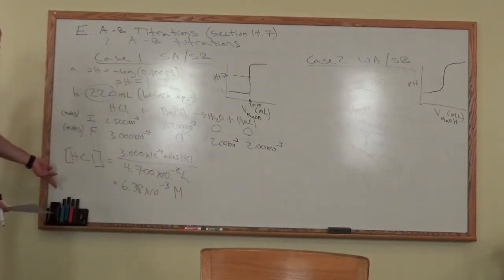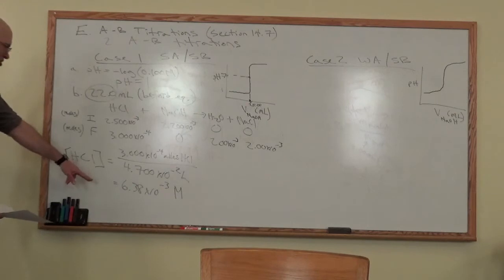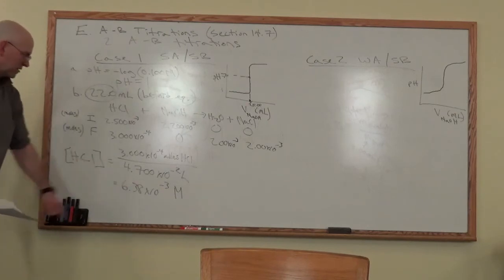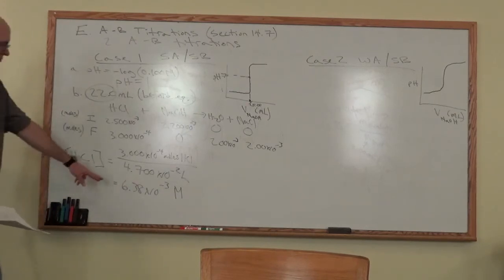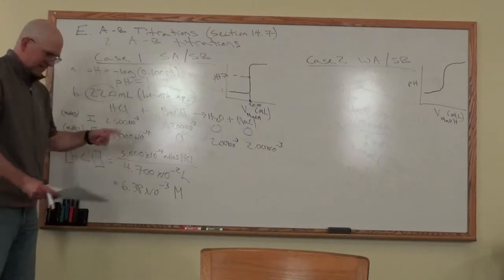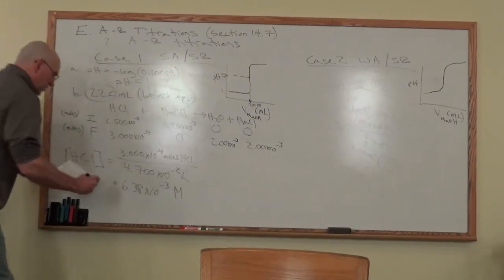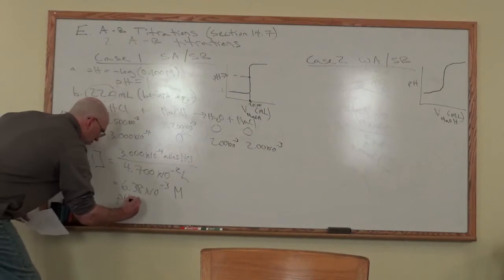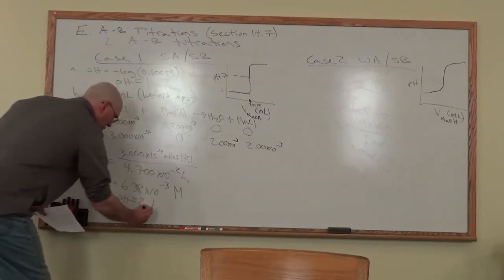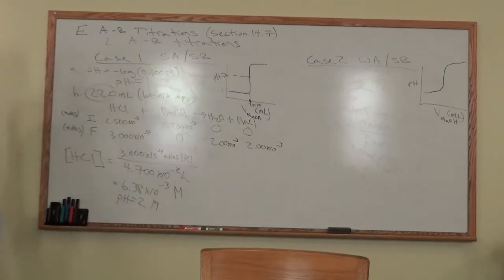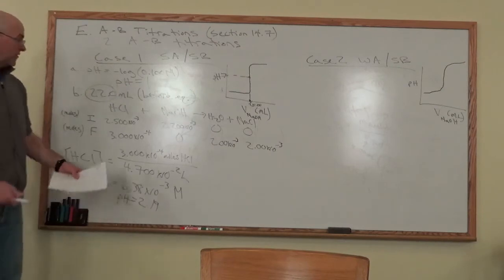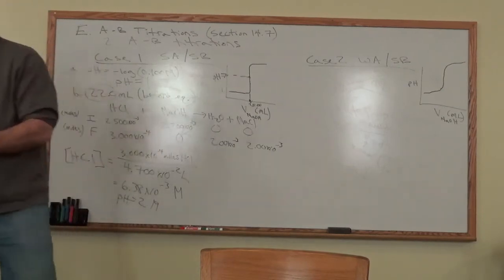It's a strong acid, so we calculate the pH based on this. So pH is going to be minus log of that, and I think you can handle that. At this point, you get a pH equal to 2.19. Fine, that's before the equivalence point.